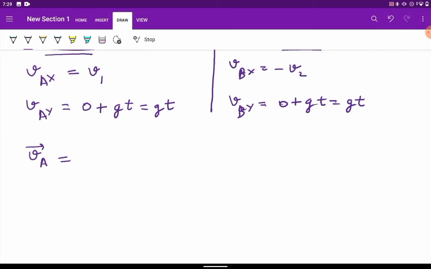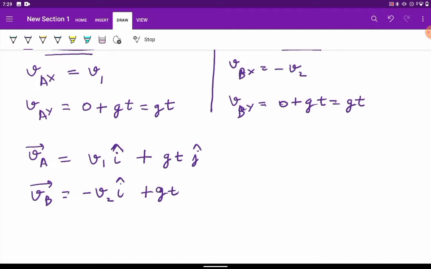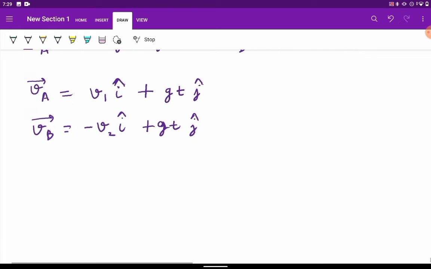So vA in that case would be v1 i cap plus gt j cap. Similarly vB would be minus v2 i cap plus gt j cap.